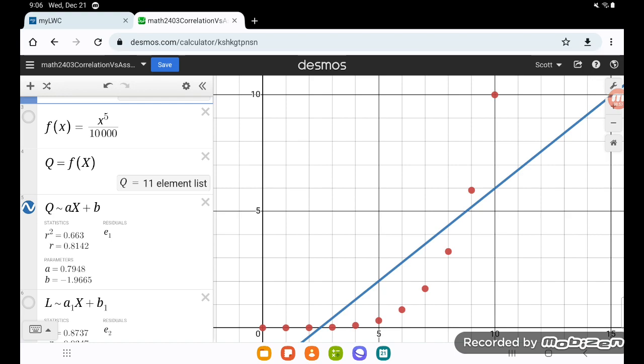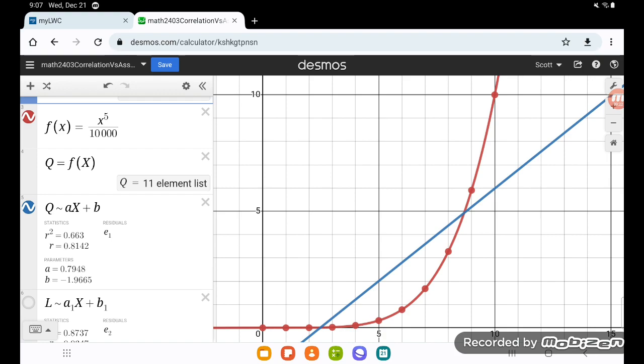I mean, it's not bad. So that's okay. However, I would not use that straight line to try to predict y values from the x values. Actually, I would use x to the 5th over 10,000 because it's a perfect fit. That's the way I happen to make those data.